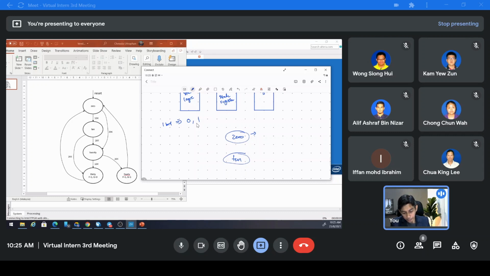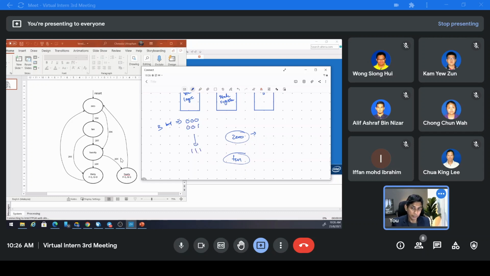So we cannot use 1 bit. What if we use 2 bits? If we use 2 bits, we can only have 00, 01, 10, and 11. So we can have up to 4 numbers, but we have 5 now. So we cannot use 2 bits. Now we use 3. If we use 3, we have 000, 001, until 111.